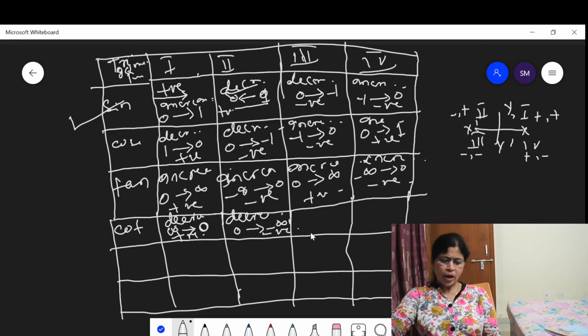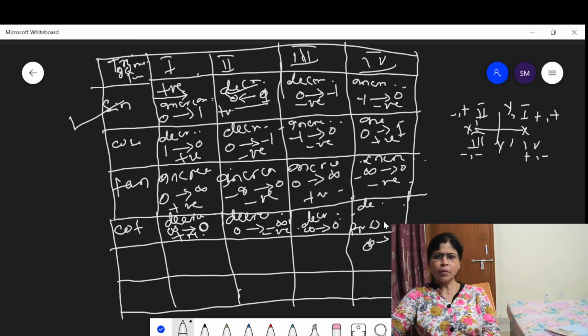In the third quadrant, it is also decreasing from infinity to 0. And in the fourth quadrant, it is also decreasing from 0 to minus infinity, which means negative value.